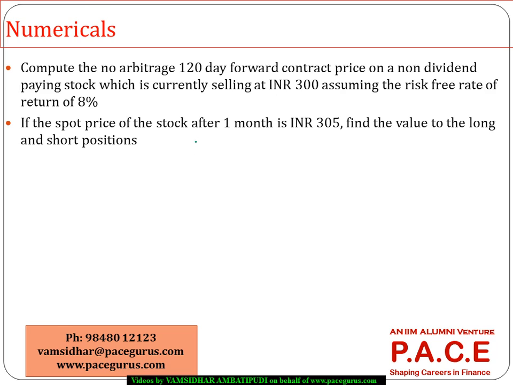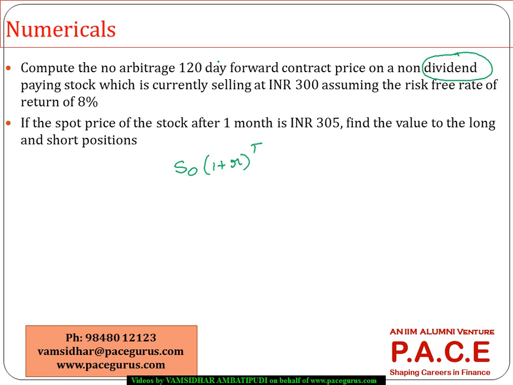Compute a no arbitrage 120-day forward contract price on a non-dividend paying stock. This kind of formula, S naught into (1 plus R) to the power T, is applicable only when it is a very simple underlying security where no dividends or any other intermediate cash flows are involved.